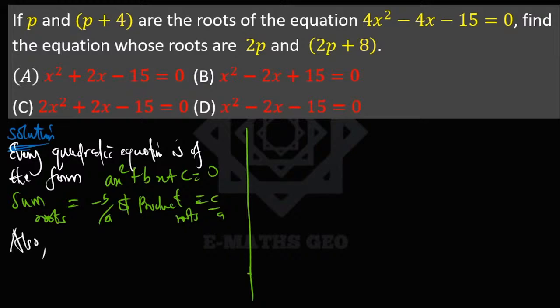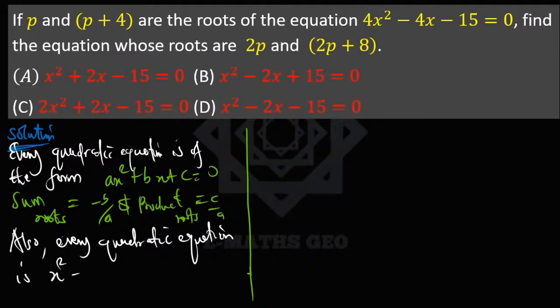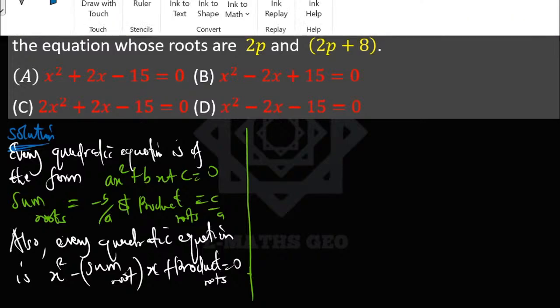Also, every quadratic equation is x squared minus the sum of the roots times x plus the product of the roots equal to 0. So every quadratic equation is also of this form.